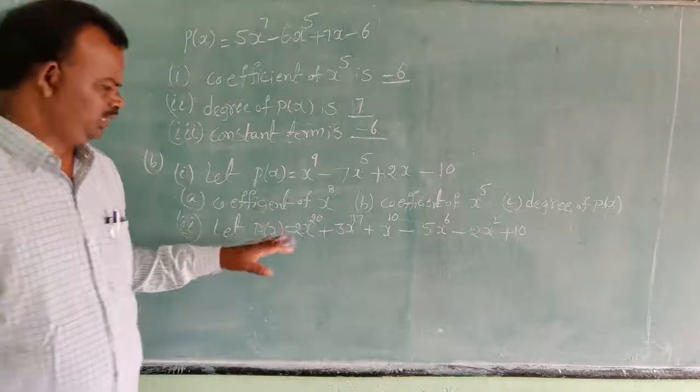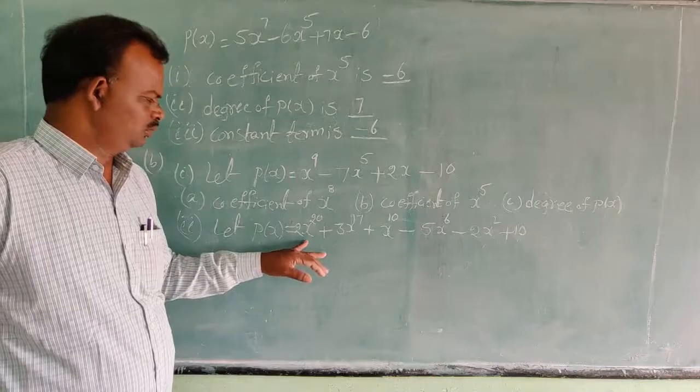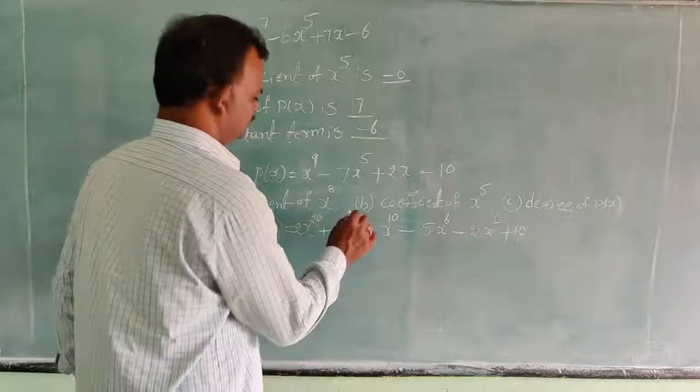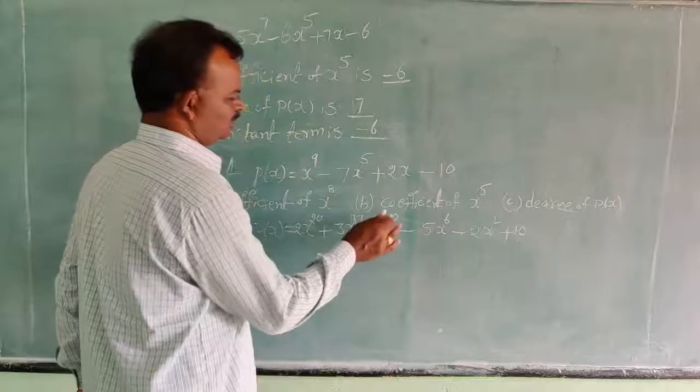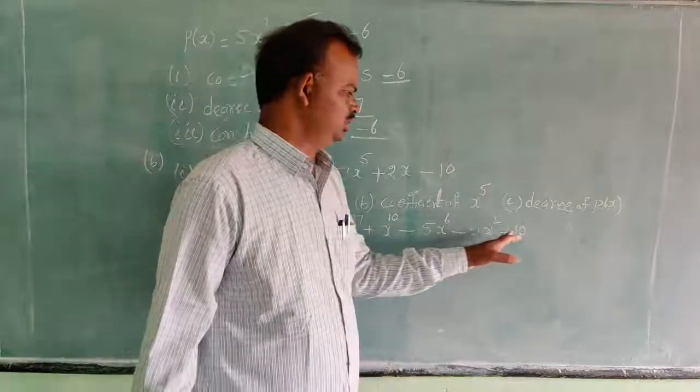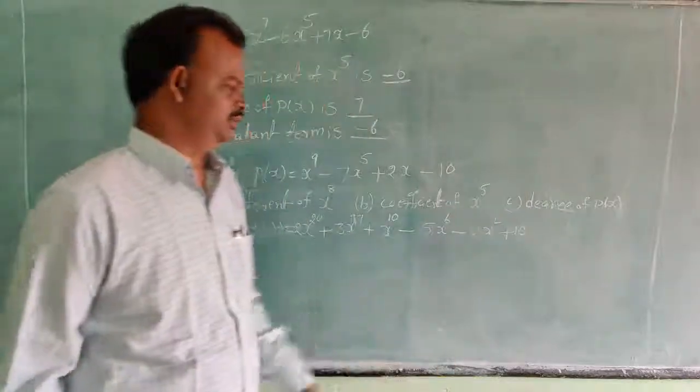So I am writing p(x) = 2x^20 + 3x^17 + x^10 - 5x^6 - 2x^2 + 10.